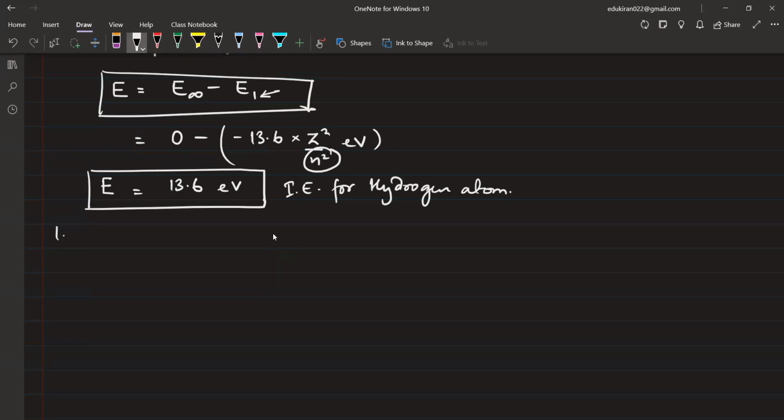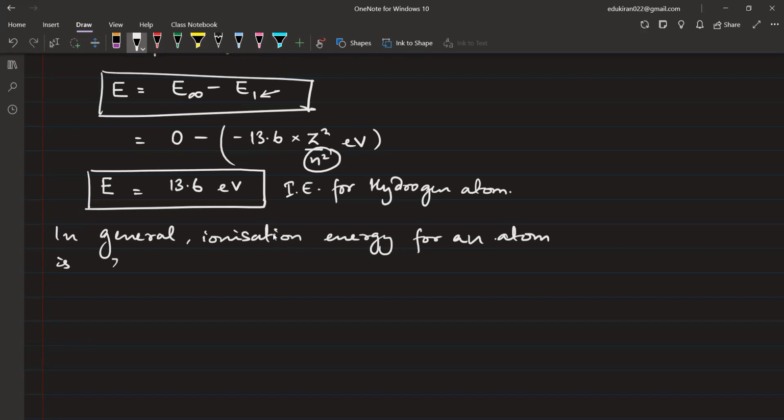That means in general, ionization energy for an atom is given by ionization energy will be equal to 13.6. अब देखिए ये तो हमेशा 0 रहेगा क्योंकि इंफिनिटी तक ले जाना है. माइनस माइनस पॉजिटिव हमेशा हो जाएगा.